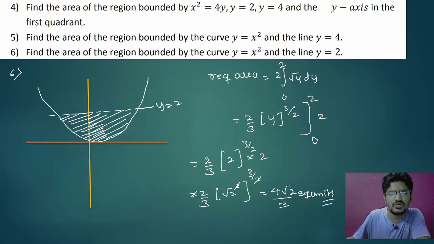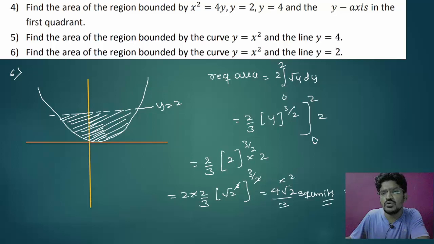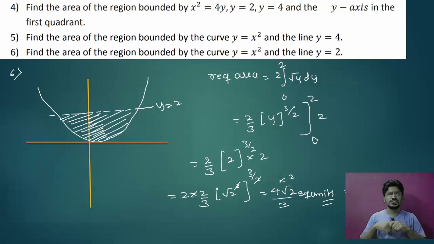That will be 8 root 2 by 3 square units, because they have not said that it is in the first quadrant. That's why we have to take both the quadrants, and we have to give the answer. That will be 8 root 2 by 3 square units.